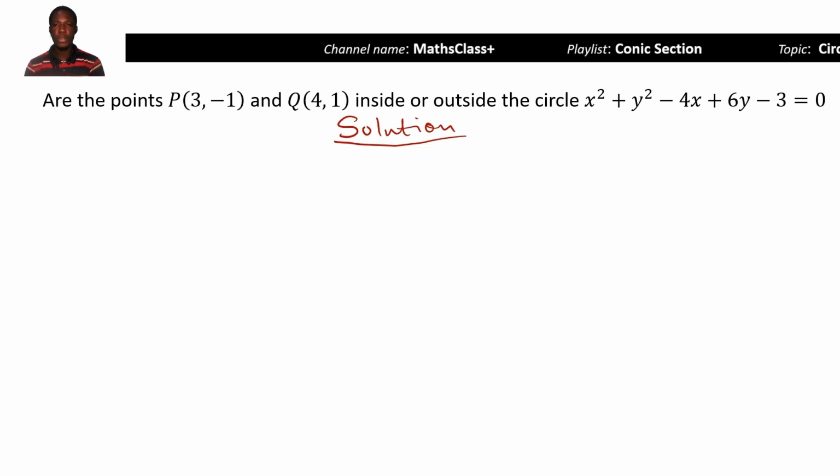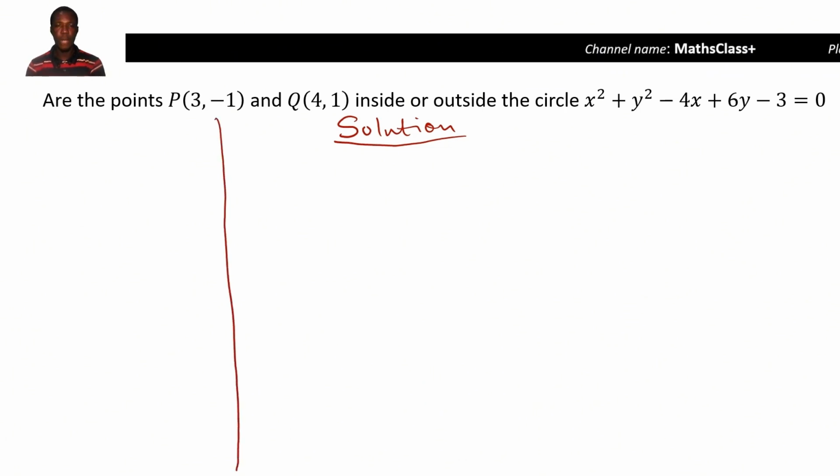Now we are going to use two different approaches to solve this question. The first thing we are going to do is to determine the length of the radius of the circle.